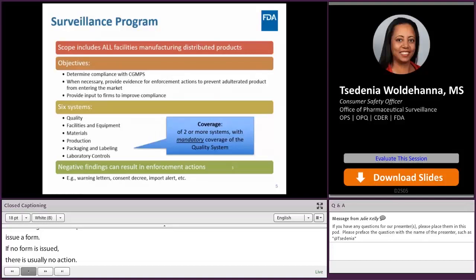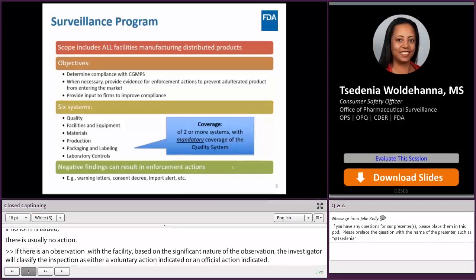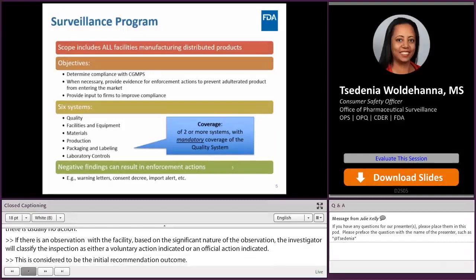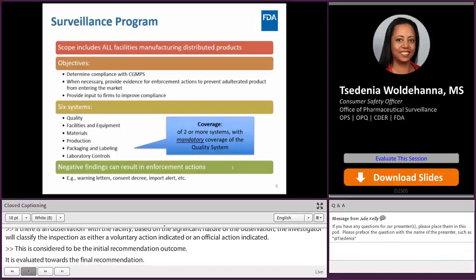So OAI is your worst case scenario. This is considered to be the initial recommendation outcome, and then this is further evaluated towards the final recommendation. The initial recommendations are further evaluated to make sure that there is concurrence for the final recommendations.